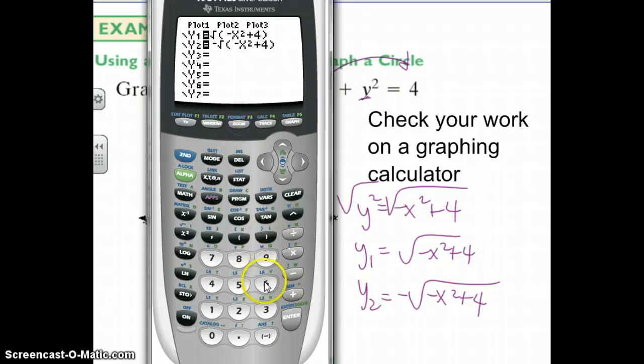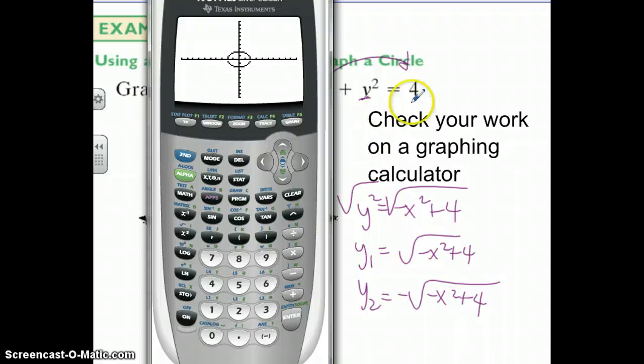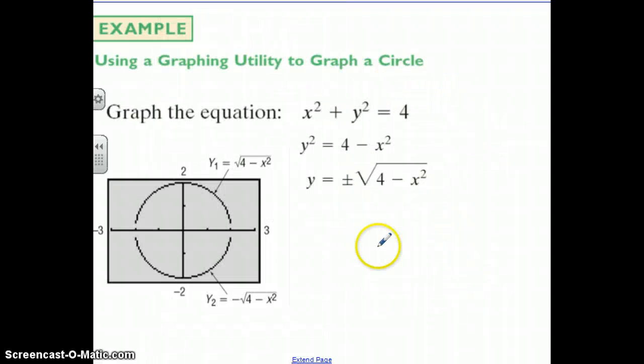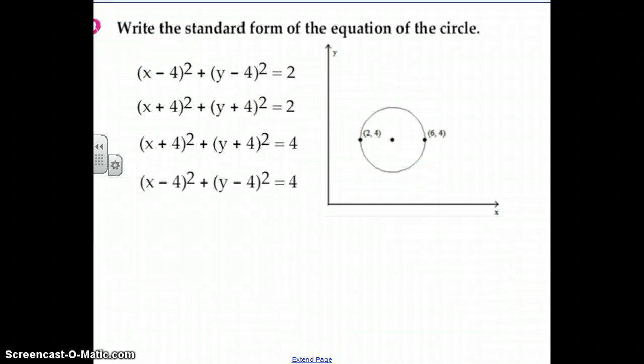I'll hit zoom 6. And it looks like it's centered at the origin with a radius of 2, which you already know. So again, kind of cumbersome to type it in, but it's possible. So if you wanted to check your solutions, your graphing calculator will actually check it.